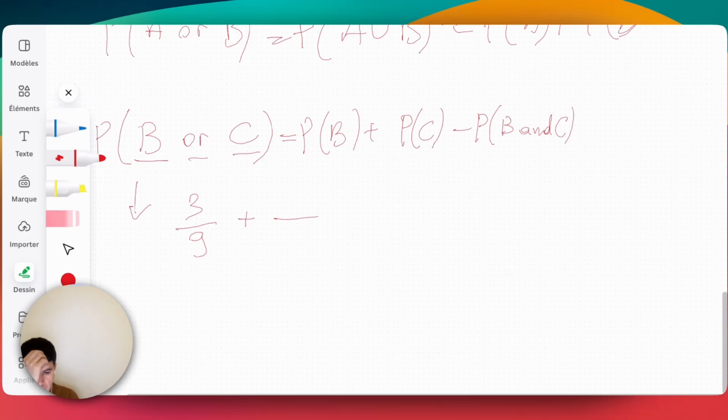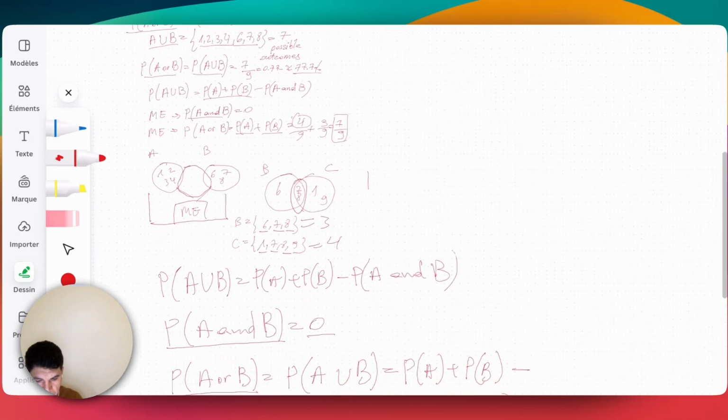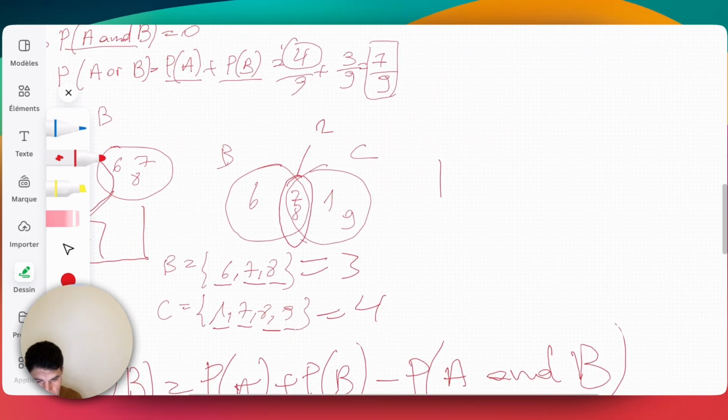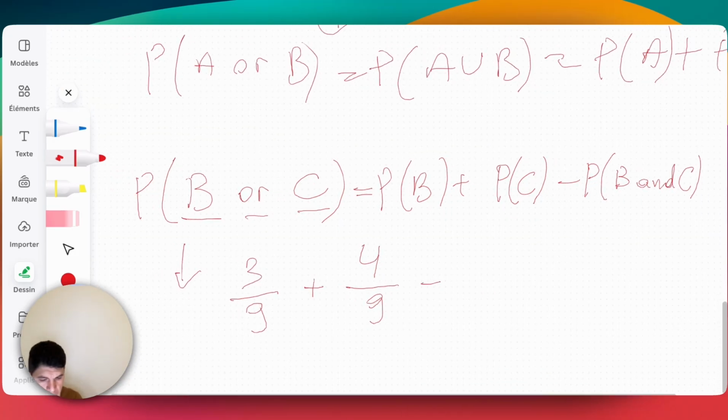For C it has 4, so that is 4 divided by 9, and for the overlapping part there are only 2 elements, so we subtract 2 divided by 9. So 3 plus 4 minus 2 gives us 5 divided by 9.